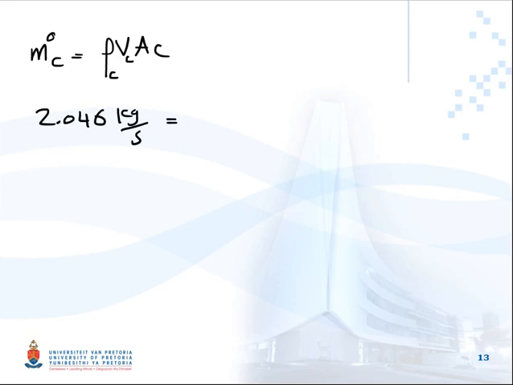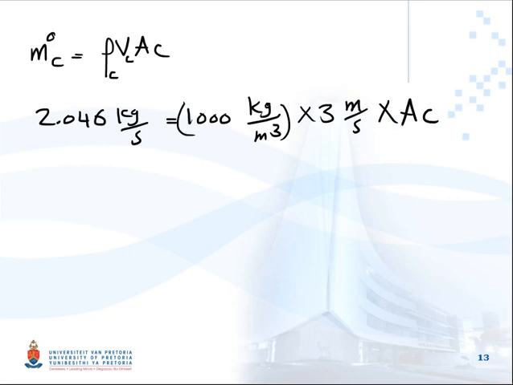The density of water, we have it as 1000. We also can go to the table and read it at the average temperature between 90 and 20, but I just like to use 1000, multiplied by 3 per second, and AC we don't have.